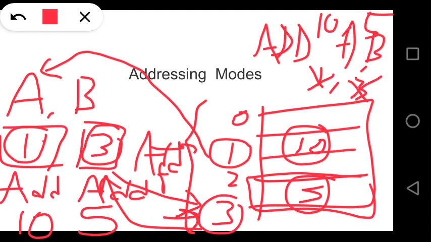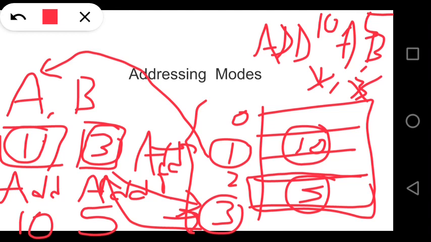So this is one such example of the need for addressing modes. Within the instruction, by looking at the instruction, how can the control unit or the ALU identify where the operands are stored?